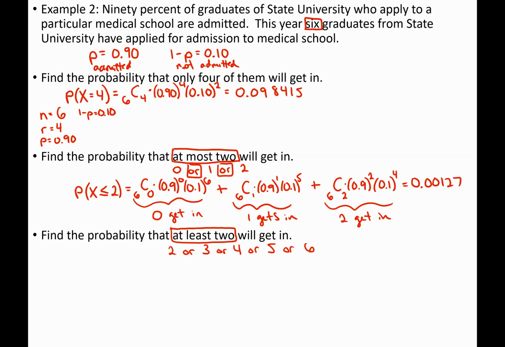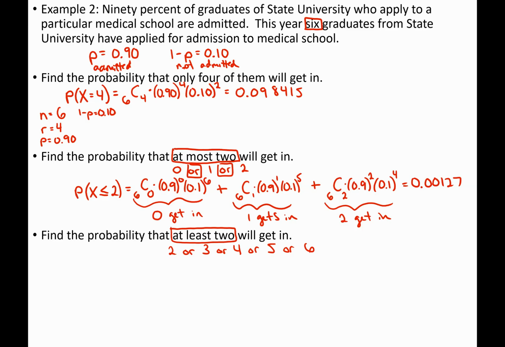Now, I know we talked about this last unit. If you want to, you can do the same thing we did in the last part for 2 get in, 3, 4, 5, 6. You can set up that formula for all 5 of those cases and add them together. Absolutely, you can. It's the longer way, but you can. Or we can talk about the complement.